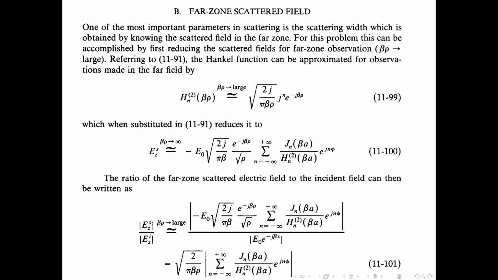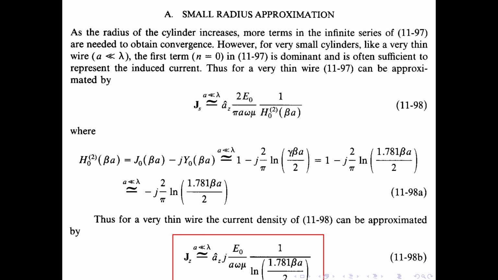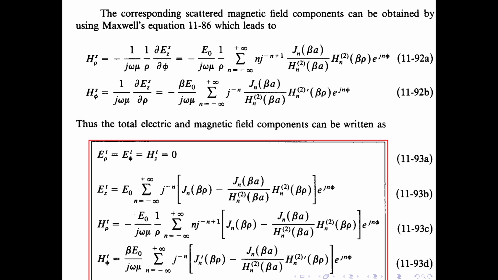We can also make another approximation, that is the large argument approximation, when we have large argument. For example, when we evaluate the field at a very large distance. Remember the formulas for the electric field. Apart from the Bessel functions depending on the radius, we have another Bessel function depending on beta times rho.